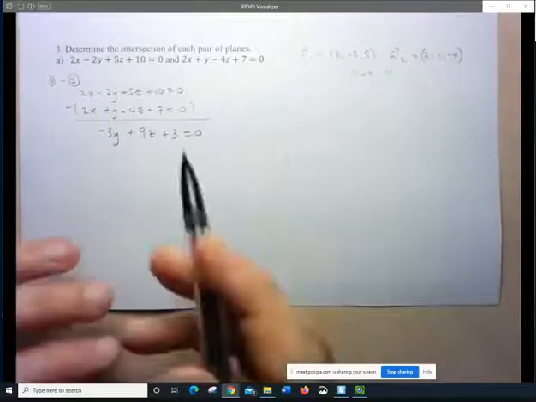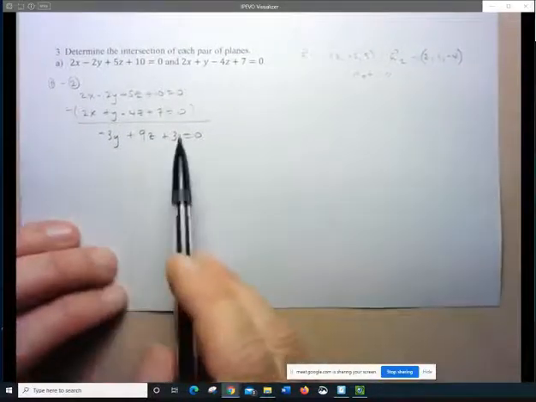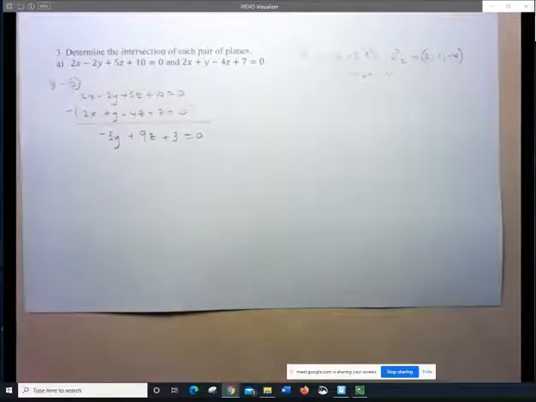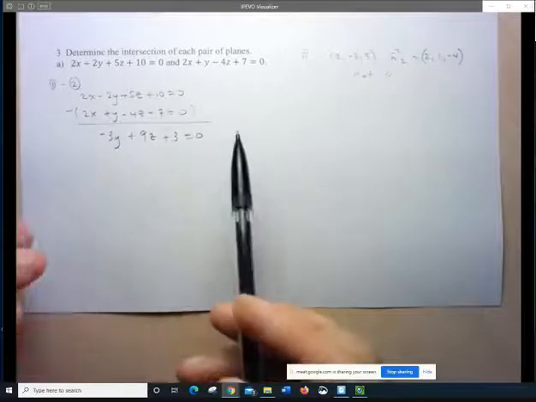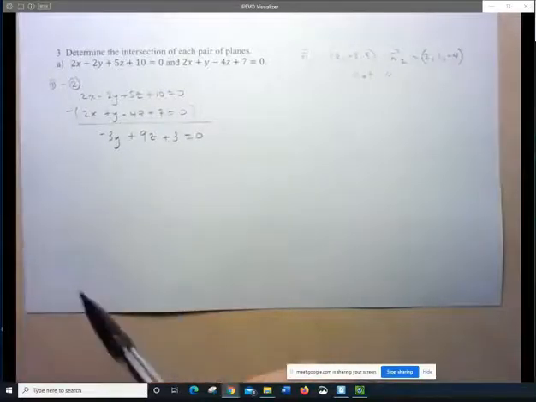So what can we do with this equation? I can't solve for y or z explicitly as a single number, but what am I able to do? Yeah, you can write one variable in terms of the other. That's at least pretty good.